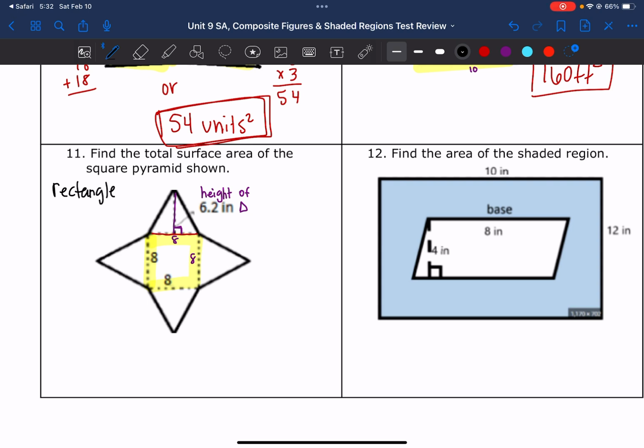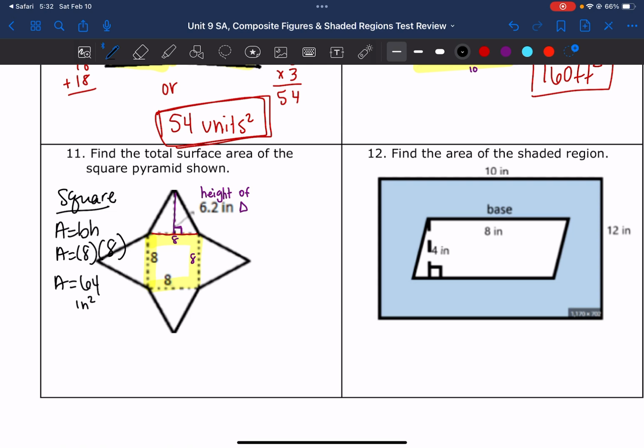Remember, that is going to be, not rectangle, it's a square. Let me write square, okay? Square. But a square is also the same thing as the rectangle as a parallelogram, okay? So here, we're going to use area is equal to base times height. Base is 8, height is 8. 8 times 8 is 64, okay? And this is inches squared.